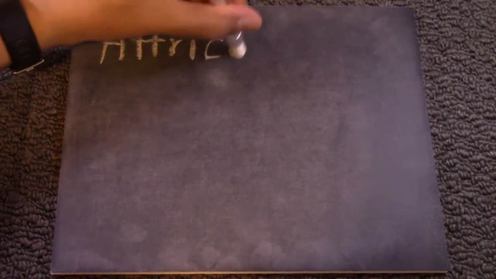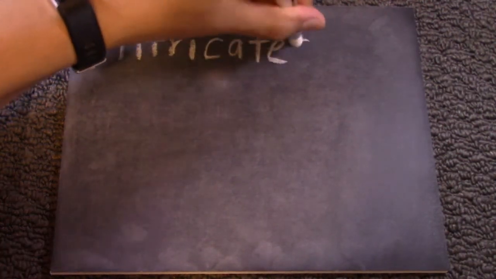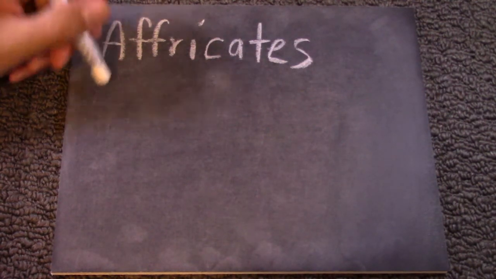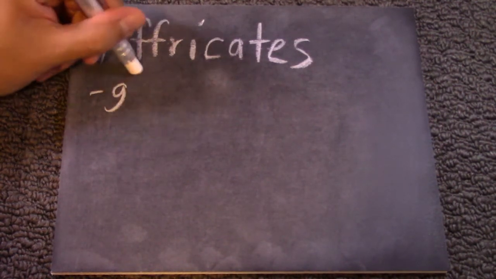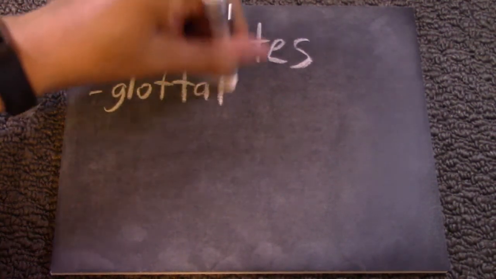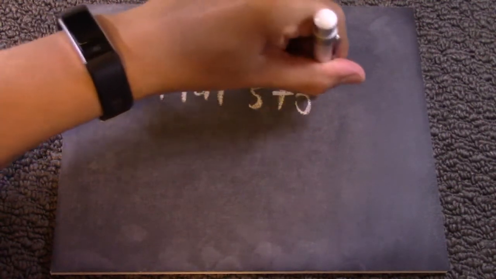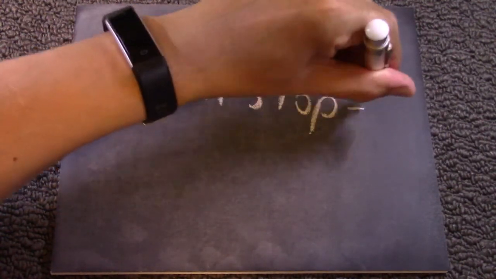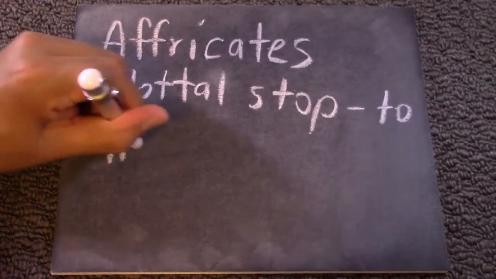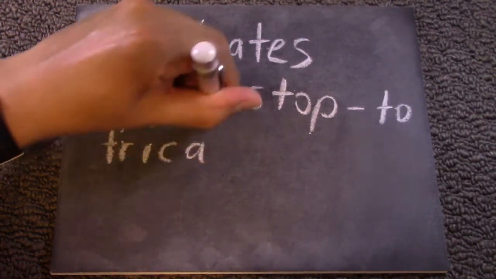Next we have affricates. So this group of letters start off as a glottal stop, and then they turn into fricatives.